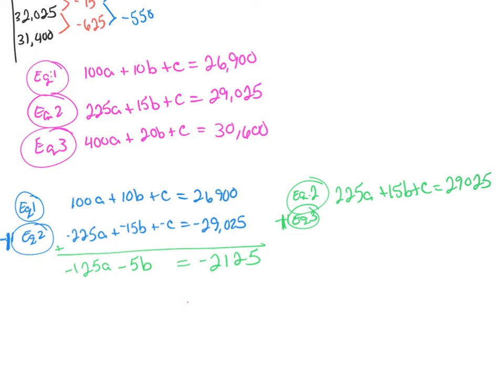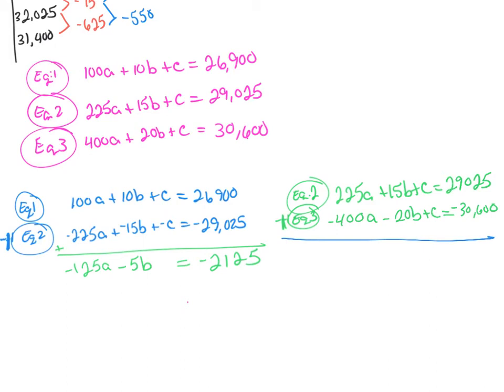Equation 3, multiply by -1, is negative 400a minus 20b minus c is equal to negative 30,600. Going to add them together.